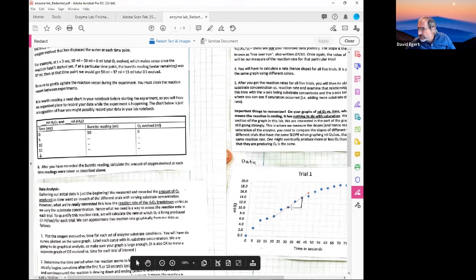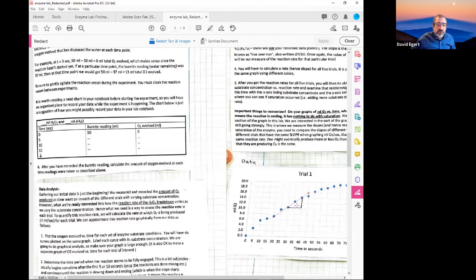But here, when they drew their line, it would have been nice if they drew it longer, because it should be fitting from 10 seconds on. So if I drew this, I would probably want my line longer, so I would get a more holistic sense of how it fits into the beginning of the reaction here.